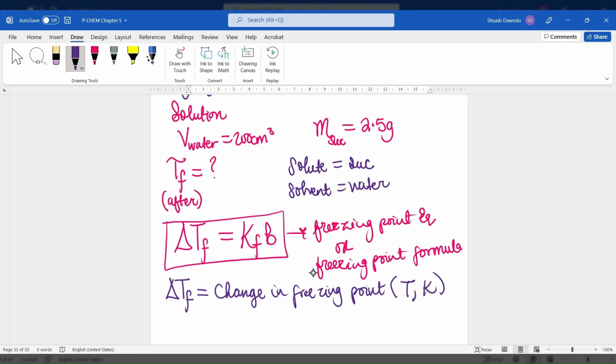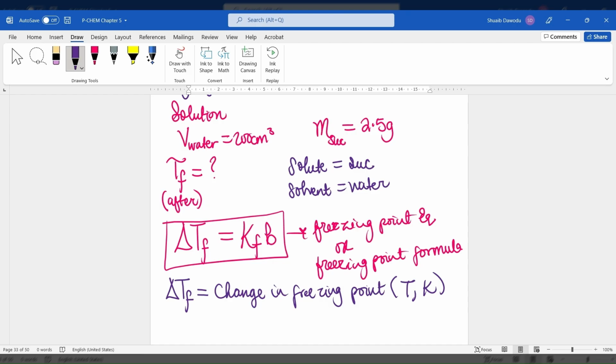I want to quickly talk a little bit more about the change in freezing point. As you are aware, if there is an initial phase or a before phase and a final phase or after phase, there is usually a change in that value. So change in T sub F is just the difference in temperature, or the difference in freezing point, before mixing occurs and after mixing occurs.